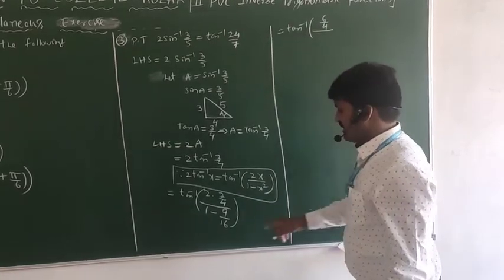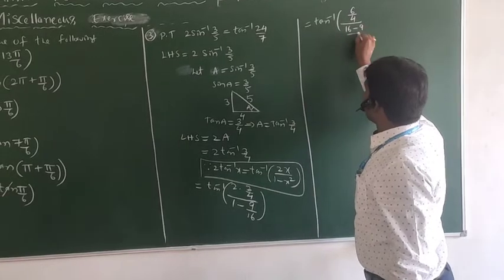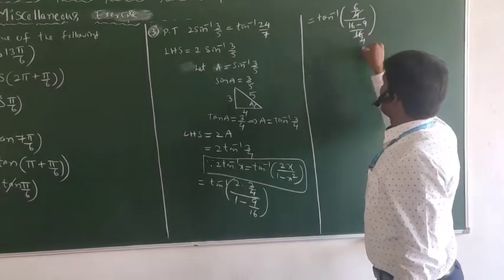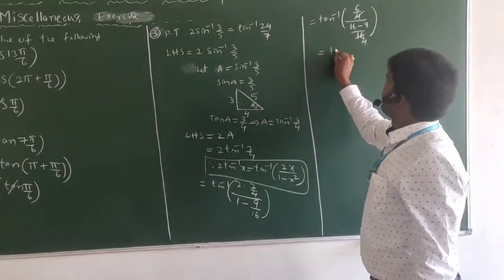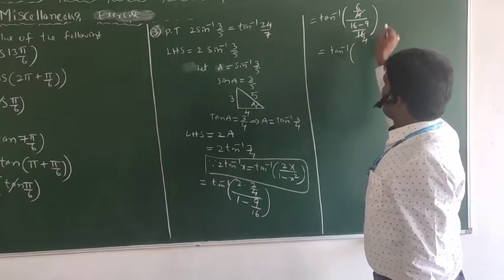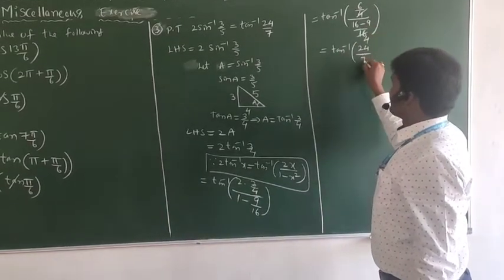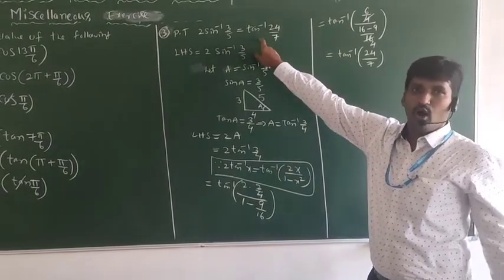Don't cancel now. LCM is 16. 16 minus 9 by 16. 4 ones are 4, 4 fours. This 4 comes to the numerator. Tan inverse of 4 sixes are 24 by 16 minus 9 is clearly 7. That is the required RHS value.